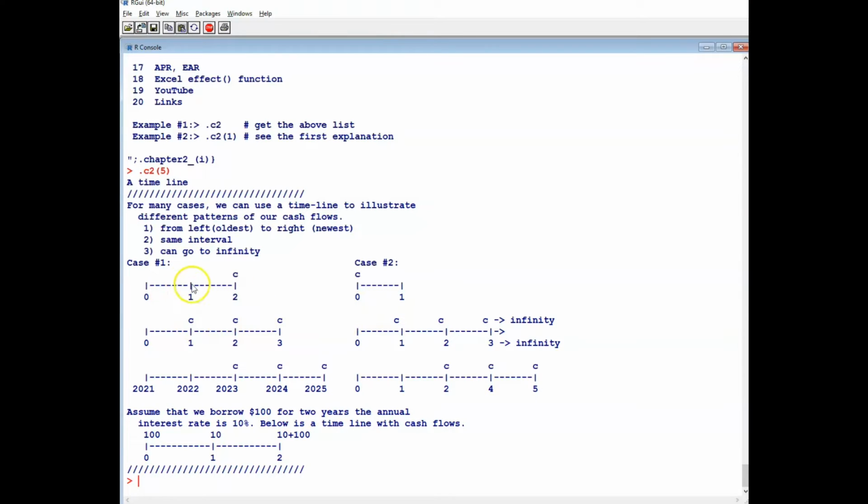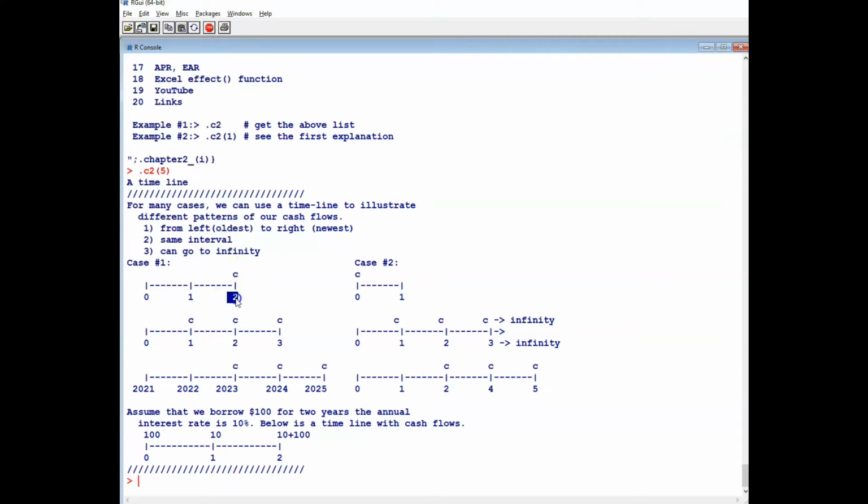So we have 7 cases. For the first one, at time 2, we have a cash flow. C stands for cash flow. For example, we have $100 received at the end of the second period.